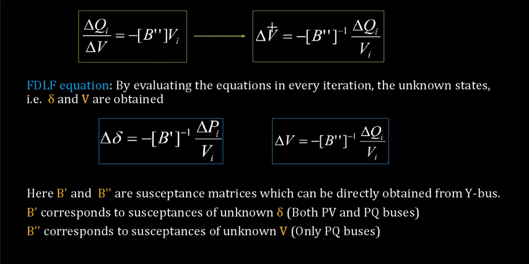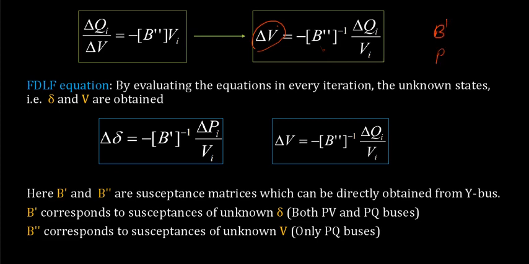Now from this, the unknown variable is delta V. Delta V can be found out by minus B double dash inverse into delta Q by V. This B double dash can be obtained from the Y bus.